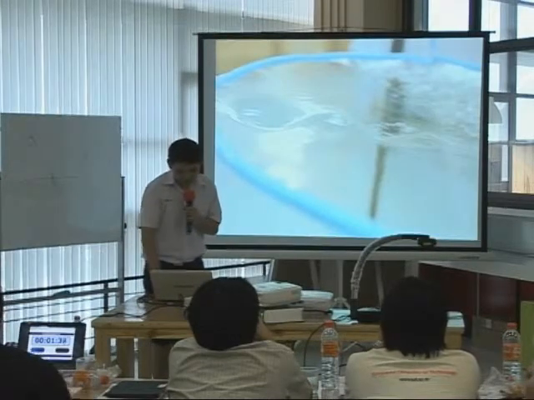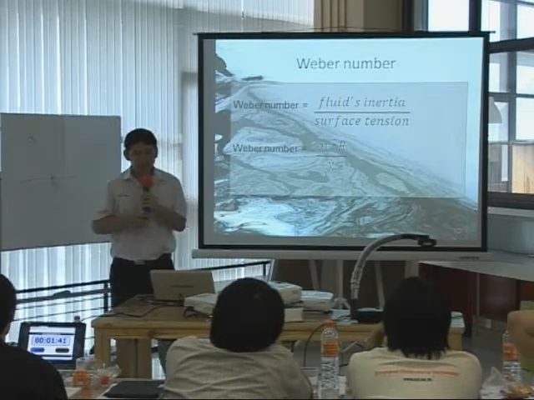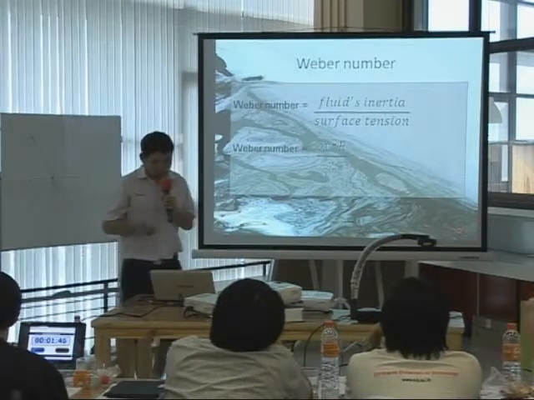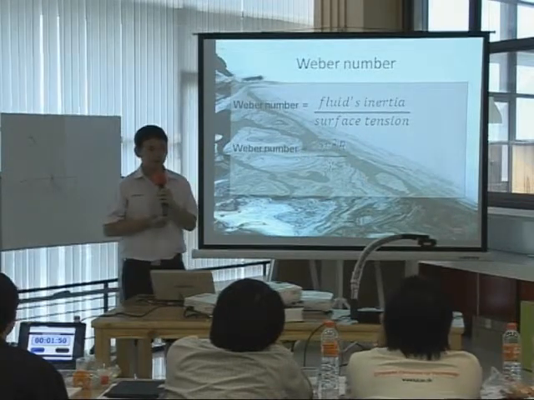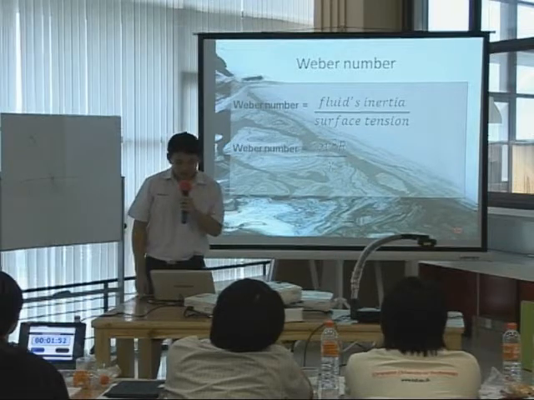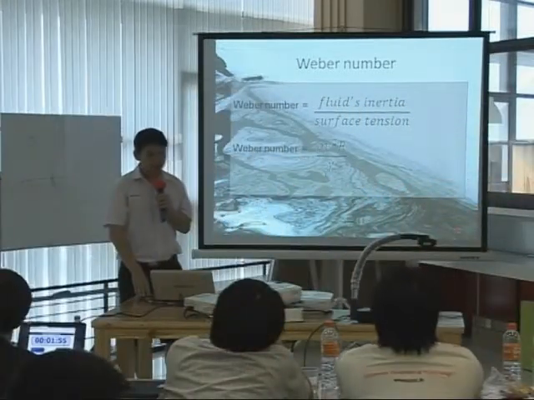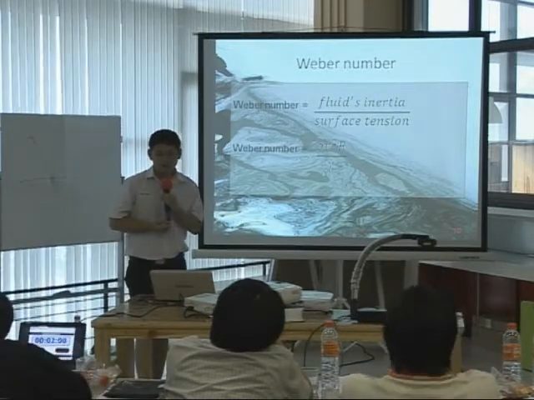Here's absorption. Okay, for my study, I must study the Weber number. Weber number is the ratio between fluid inertia and the surface tension. Why do I use the Weber number for my study?